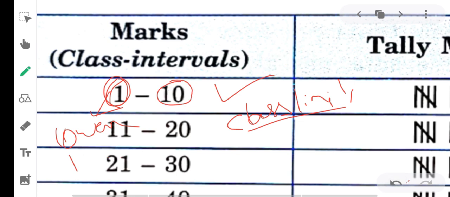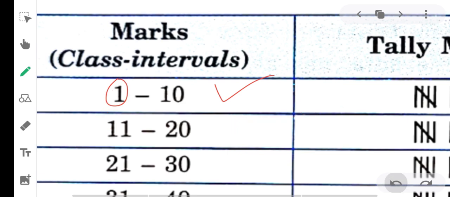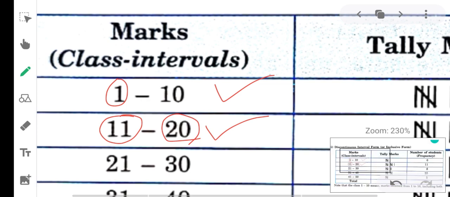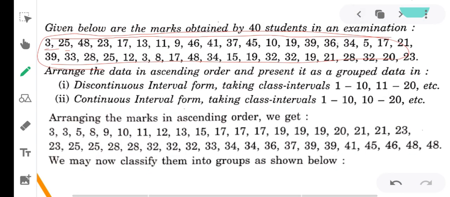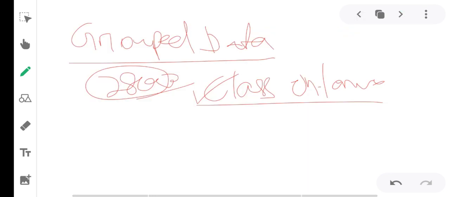Like that, in the class interval 11 to 20, 11 is the lower limit and 20 is the upper limit. Clear? Then types of frequency distribution.